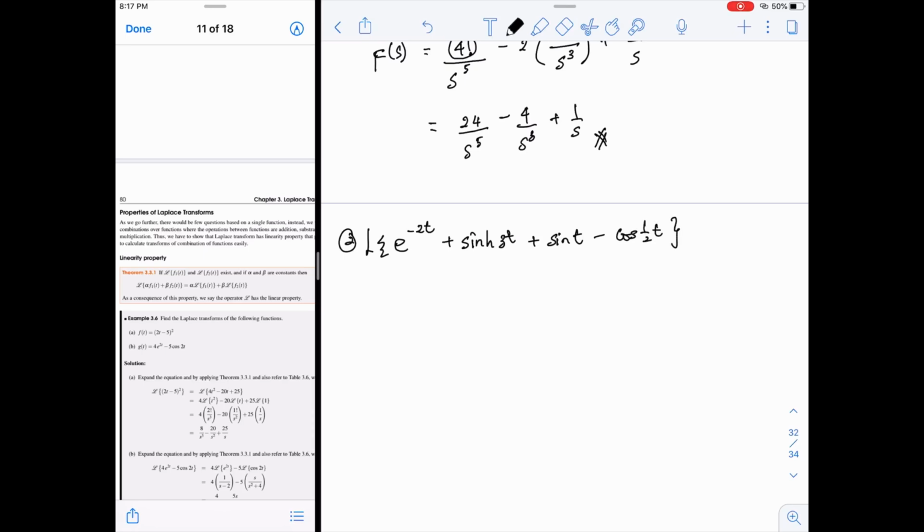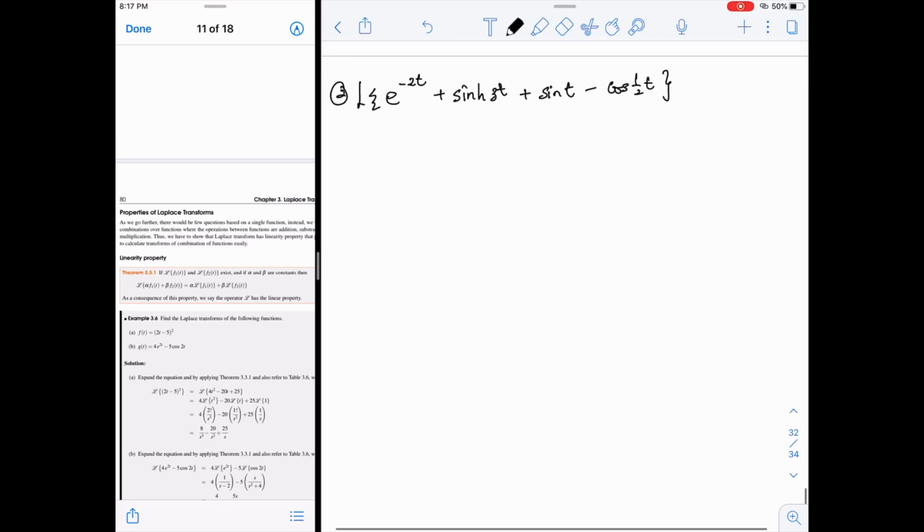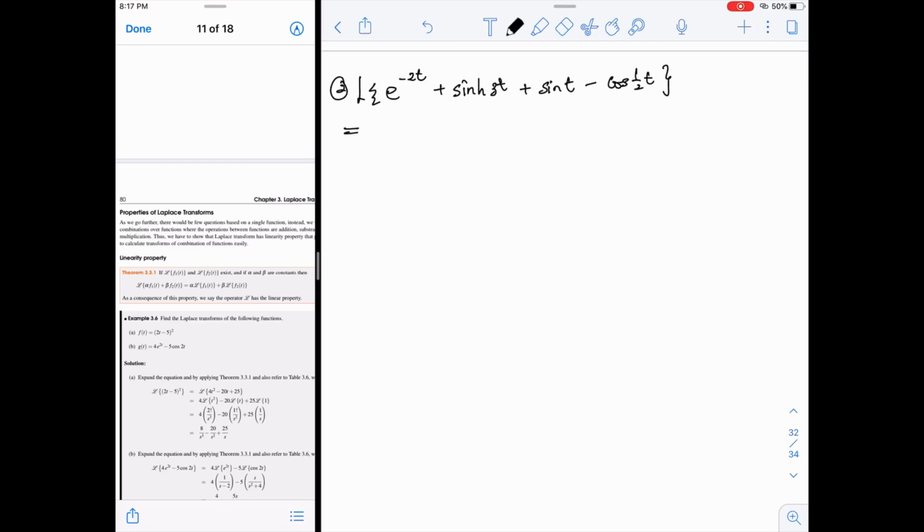Alright, okay, so now if you want to Laplace each term over here, so what you will get is for this term 1 over s plus 2, and then for the sine over here, the thing that you need to consider is the 3 over here. So for sine, a is 3, and then we have s squared.